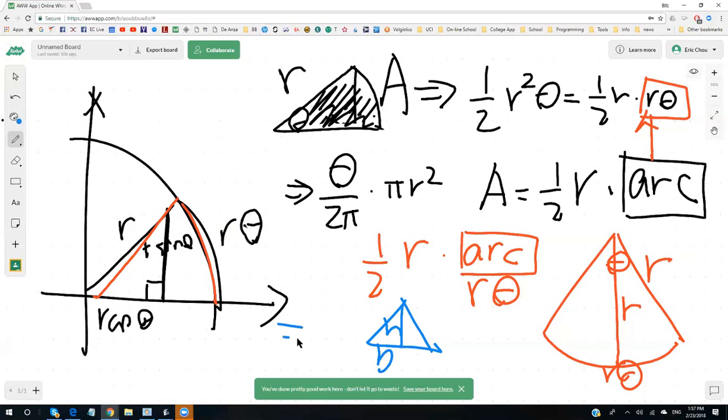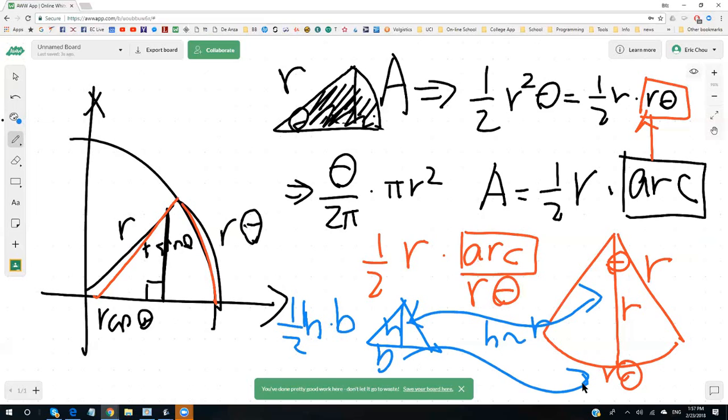The area of this triangle is half height times base. So here the height is similar to r, and the base is like r theta, the arc size.